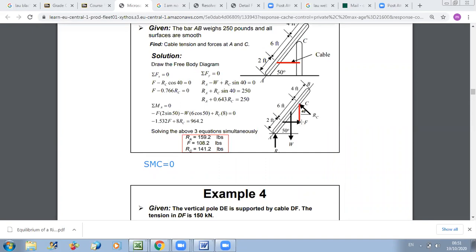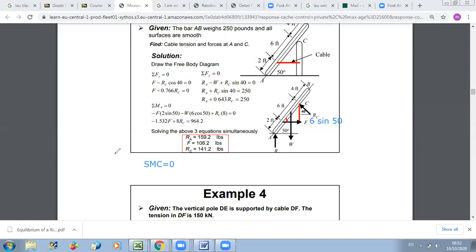I should multiply by this distance, okay? This distance is equal to 6 sine 50, because the angle here is 50 degrees. So the distance of F to point C is 6 times sine 50, okay? And I will choose a positive direction if I consider the counterclockwise as positive.